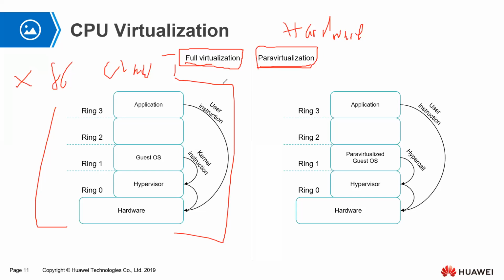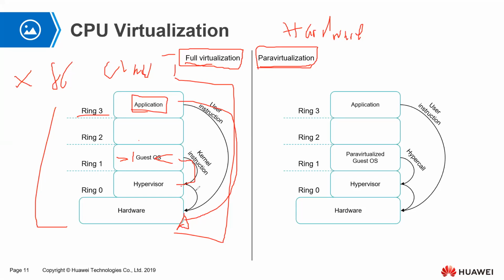With full virtualization, when an application sends instructions from ring 3 that are not sensitive or privileged, they just go directly and are processed by the CPU. But the guest operating system only sends privileged and common instructions, and whenever it wants to send them, it has to send them through the hypervisor.